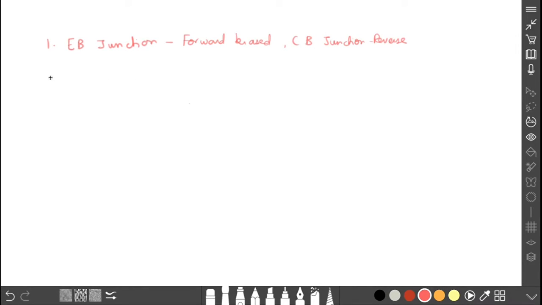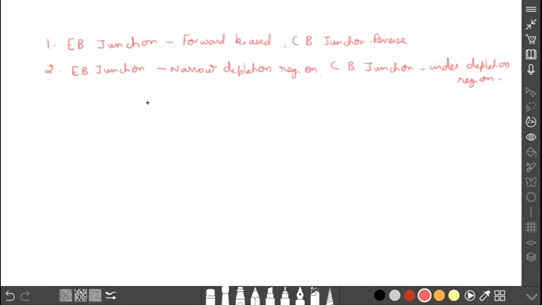As we know well, the EB junction has a narrow depletion region, and the collector base junction has a wider depletion region.